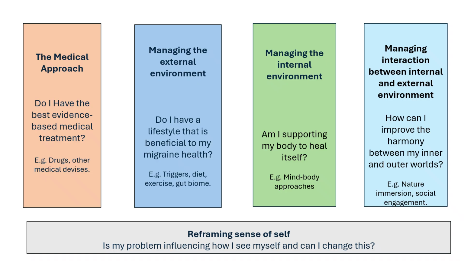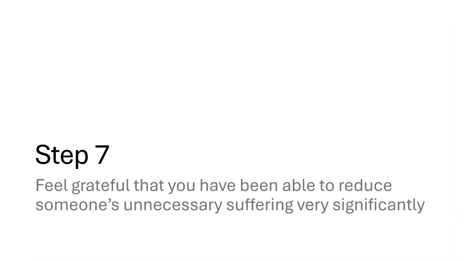And we draw upon insights often taken from, again, Eastern philosophy, particularly Buddhism, of self-compassion, value-based therapy. This is all becoming very much mainstream NHS stuff. So that's the package. So when you've offered them all that, when you've been through all that, you can sit back for final step 7 and feel grateful that you've been able to reduce someone's unnecessary suffering very significantly.